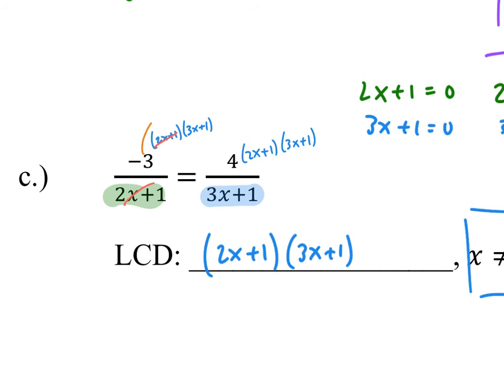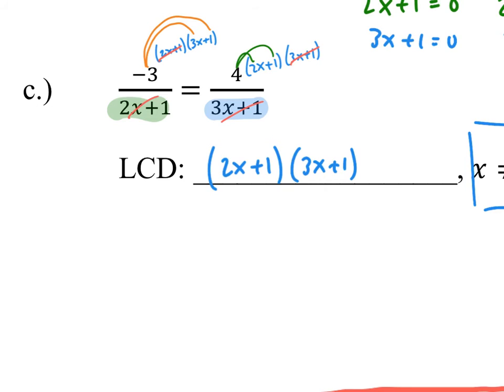I'm left with -3. Can distribute there. On the right side, what am I left with? 4 times that. Okay, so taking advantage of that, denominators are gone. We're left with this nice little pretty linear equation. If you still have a fraction after this, you're doing it wrong.